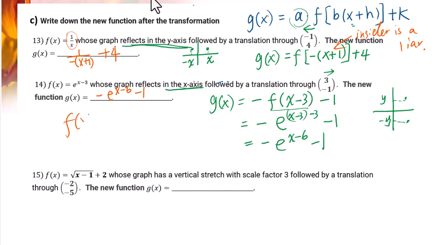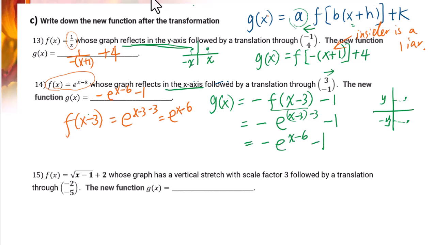F of x minus 3 means every single x will change into x minus 3. So we get e to the x minus 3, then minus 3, e to the x minus 6th power.